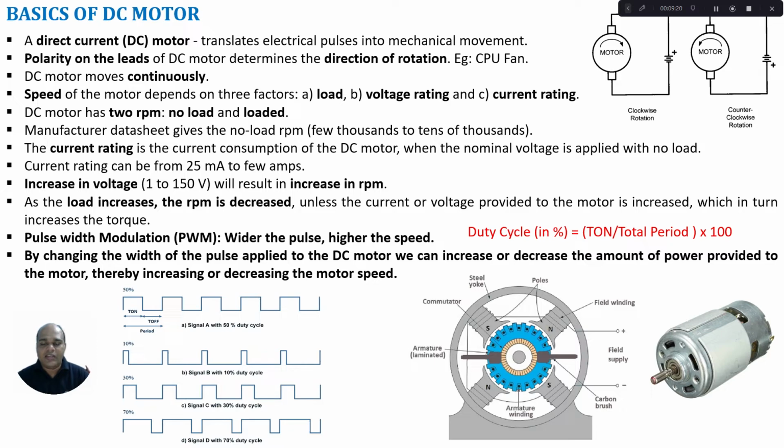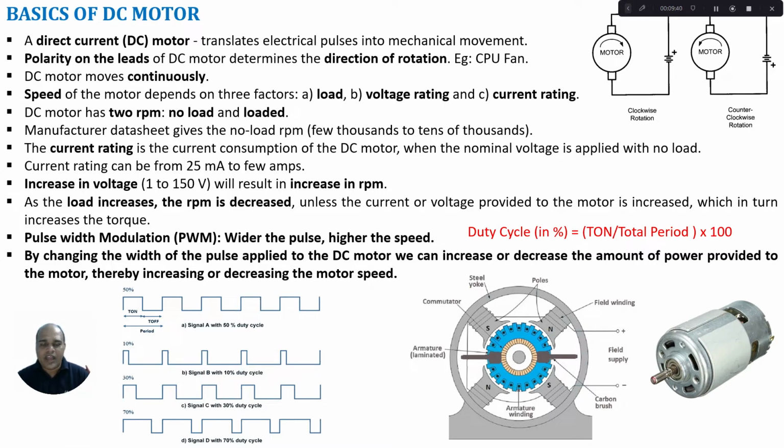And the third reason for using a motor driver IC is, if I want to change the direction of a motor, as I show here, if I want to change the direction of a DC motor, I have to take the leads and change the polarity of the connection with the battery.